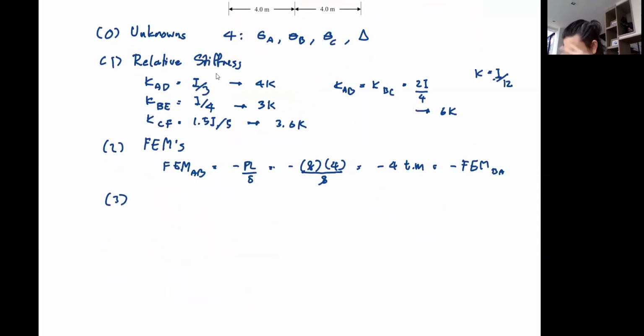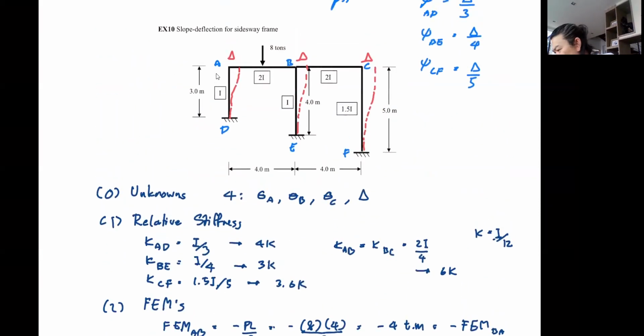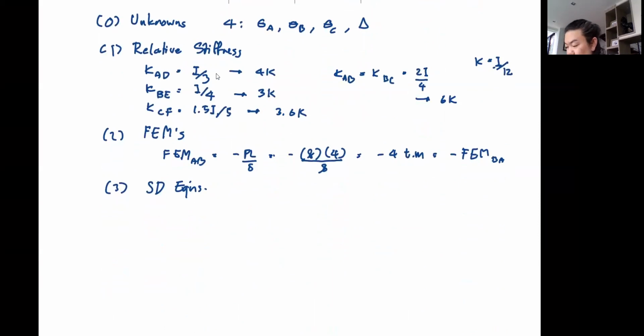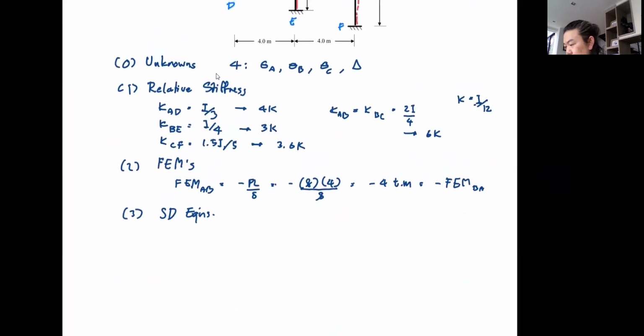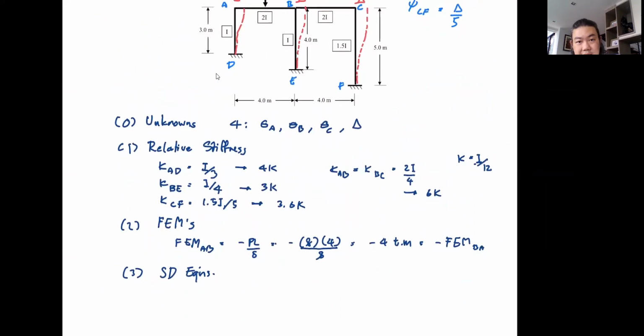Okay, step number 3 is the slope deflection equation. So it's going to be a lot then because we have so many joints. You're going to have the moments MDA, AD, and so on, and have 10 terms. Okay, so let me try to squeeze everything in here. If you could, just try to find a way for you to see the frame and my writing at the same time.